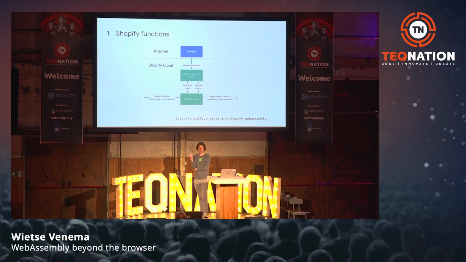So here's Shopify Functions. They let customers customize how Shopify behaves using plugins, right? A user request comes in, and they want to apply a discount based on business rules.